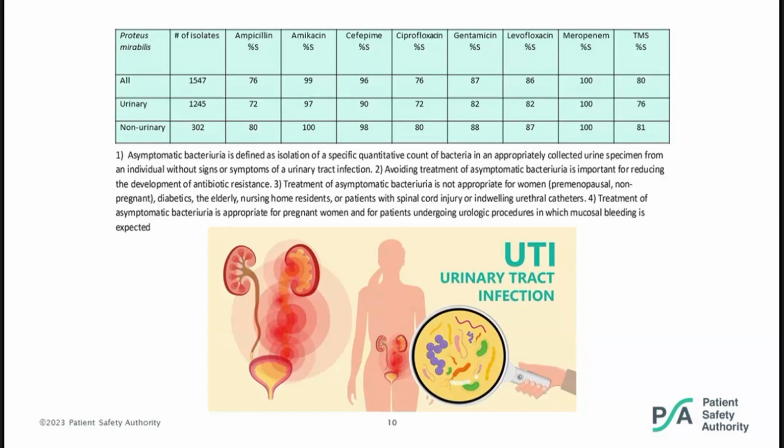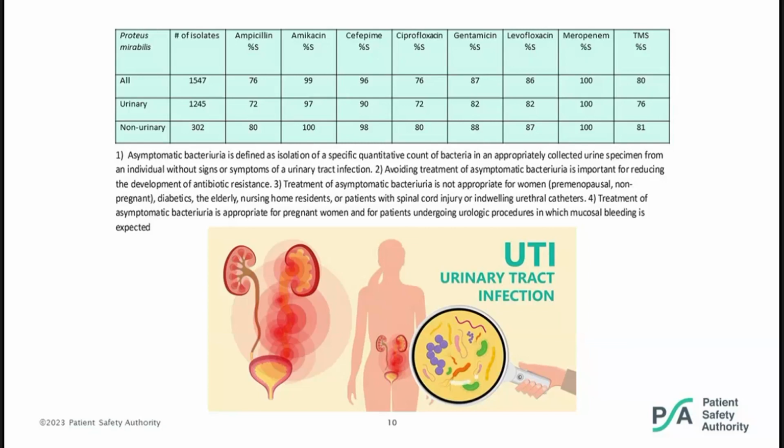So again, looking at your susceptibility patterns, this is going to help you determine, especially when it's presented in this way for your institutions, based on whether it's a urinary or non-urinary infection, what is the best antibiotic to use? And again, you want to stay away from the big hitters initially to treat that infection.